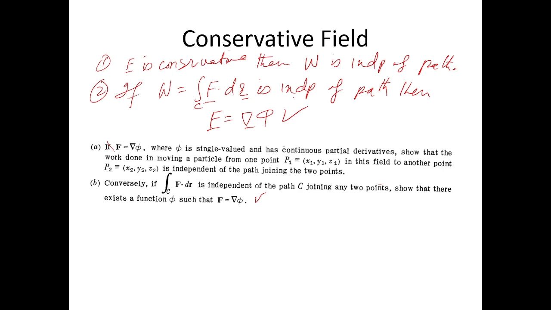So this is the converse of the above statement, that for a conservative field the work done should be independent of the path. But if the work done is independent of the path, then F should be grad of phi, meaning F should be conservative. So if the work done is independent of the path, it is possible only if the field is conservative.